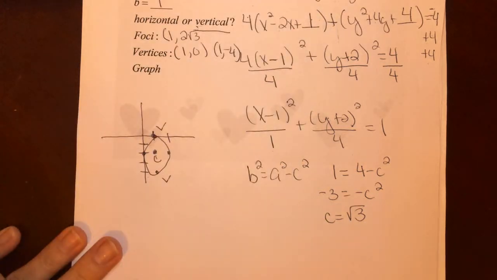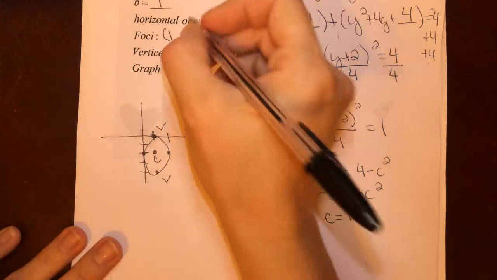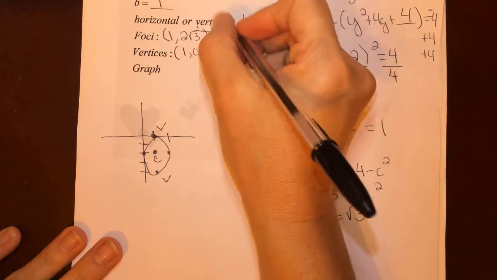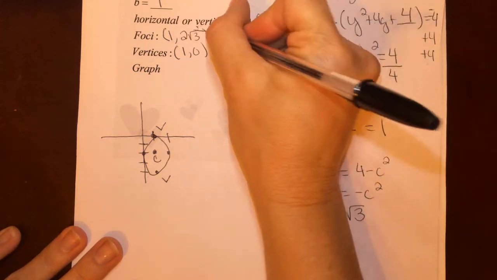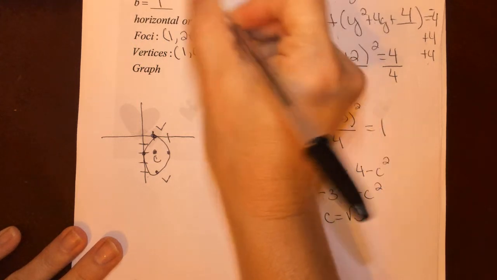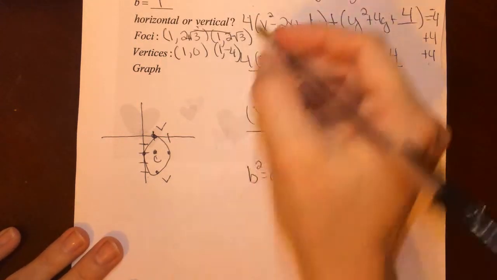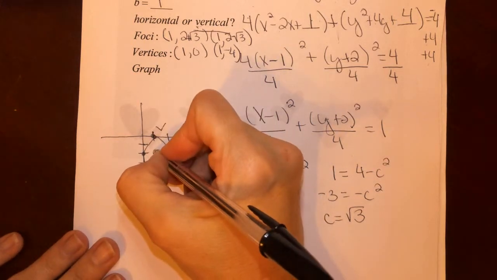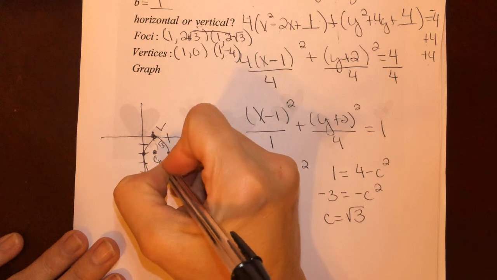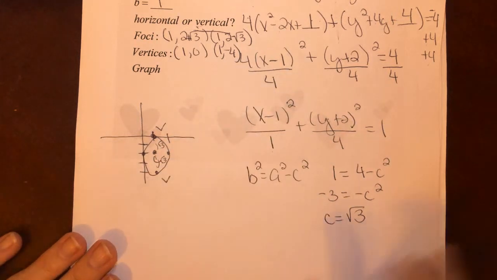It's going to send me up. And then I have 1, comma, I'm going to go down, so negative 2 minus the square root of 3. Sorry, I forgot my plus. So from here, I went up the square root of 3, and I went down the square root of 3. Okay, and that will get us through ellipses.